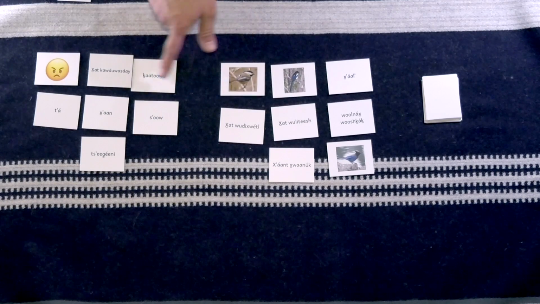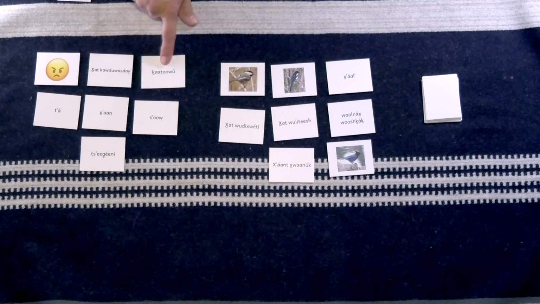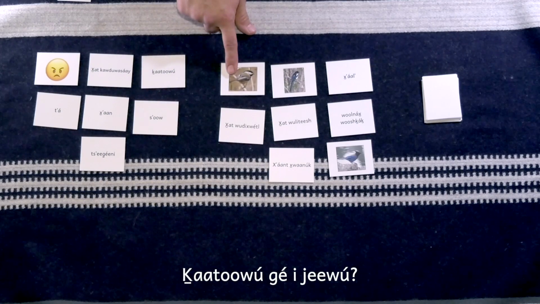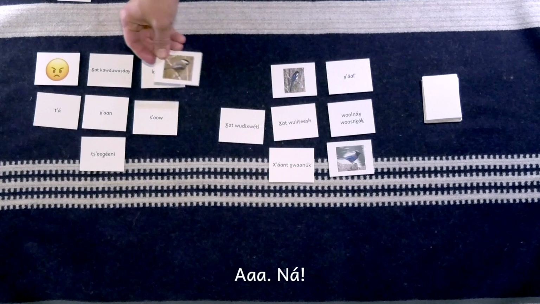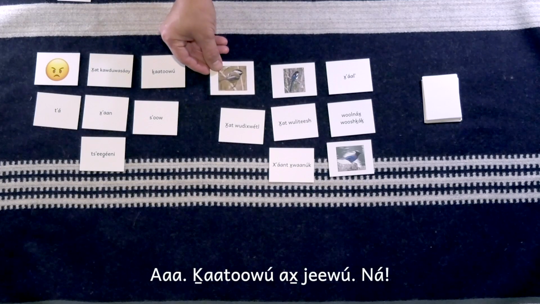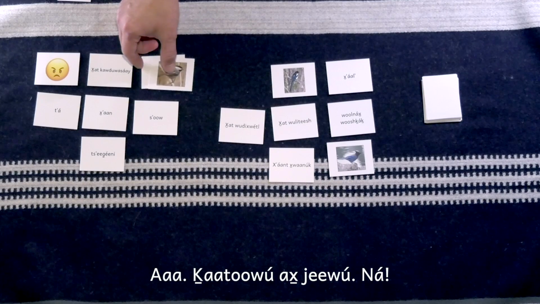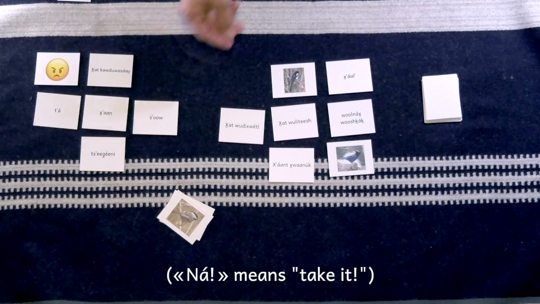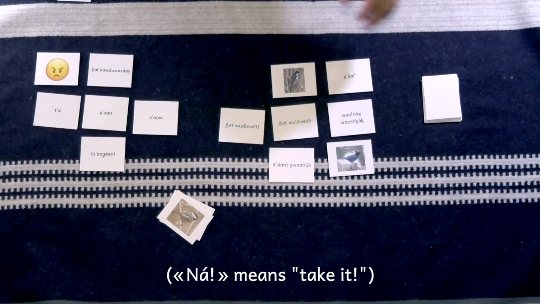And so here's two that match. We just use this as an example. So this player would say, ha tuwu ge ijiwu. And the player would say, na. Or they could say, ha tuwu achjiwu. Na. That player collects it, and they get to keep it as a pair. So the goal here is to collect pairs.